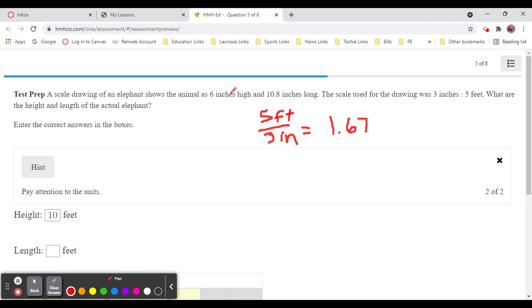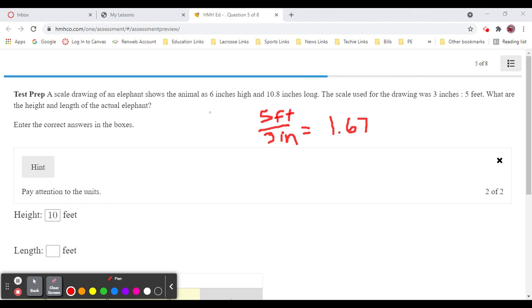So now I'm going to take 1.67 and multiply times 10.8. And hopefully it comes out pretty close to the accurate amount. 10.8 times 1.67. And you get 18.036, but your answer is going to be 18.